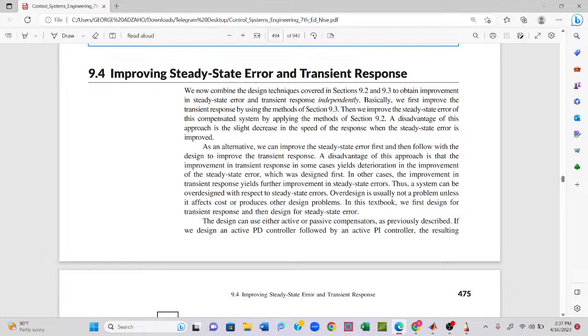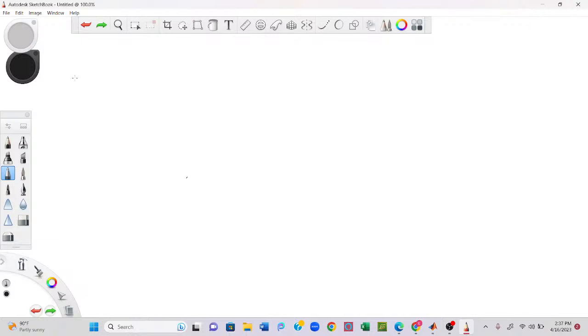Assuming you design the PI first, which is meant to improve the steady state error, and you have a system with a transfer function of, say, s plus a over s plus and so on. You have improved the steady state error of this system, meaning you've reduced the steady state error to zero.